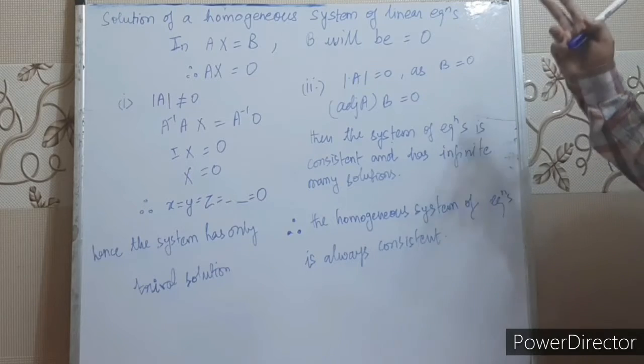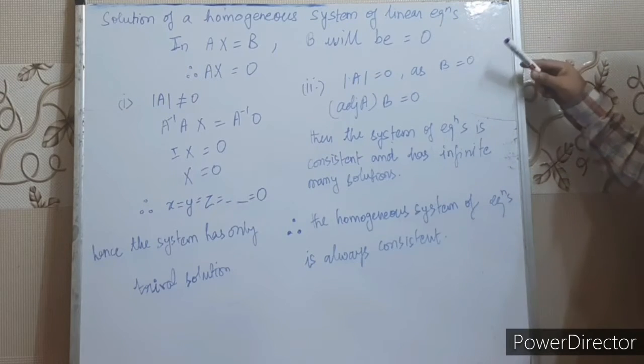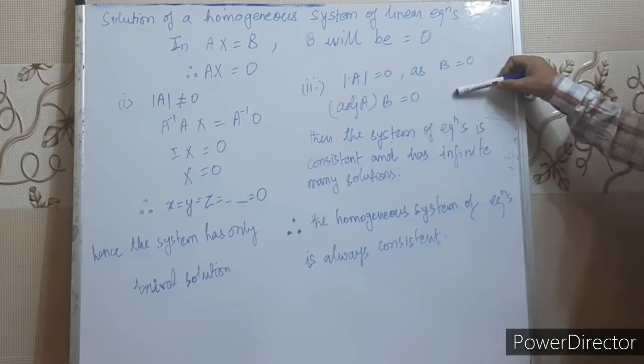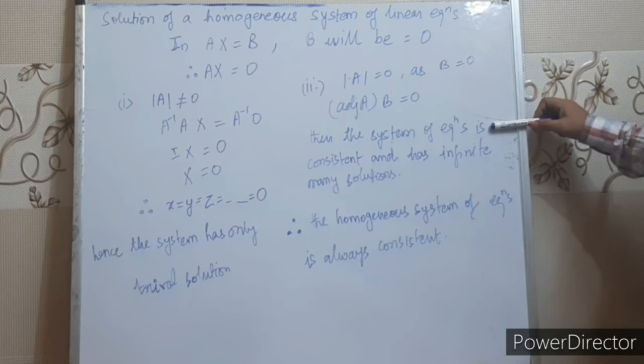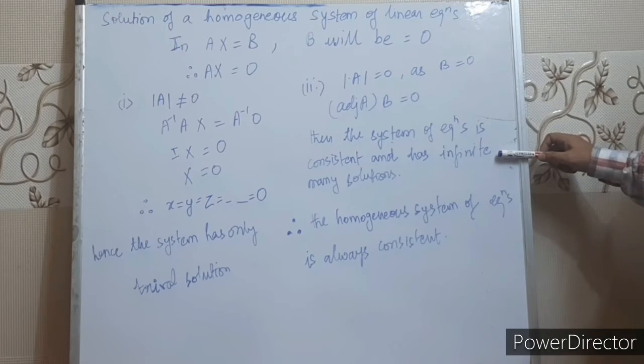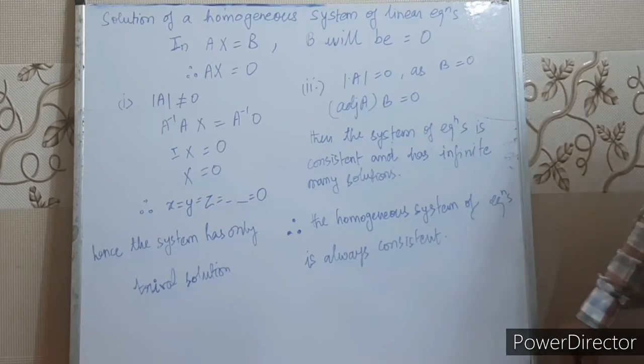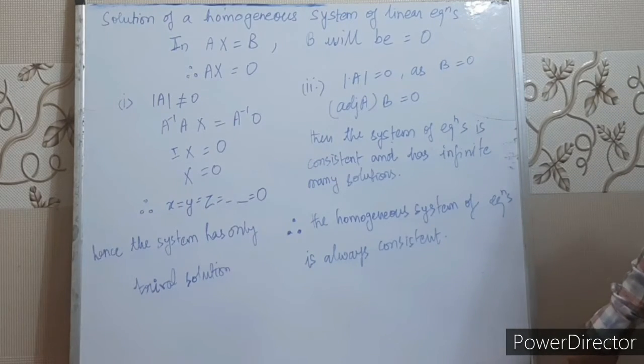Second condition we have discussed, right children? When determinant A is 0 and adjoint A into B is 0, then we can say that the system of equation is consistent and has infinite many solutions. Therefore, we can conclude that the homogeneous system of equation is always consistent. Right children? Please note down.